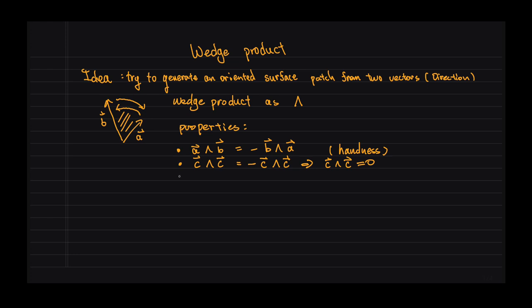In addition, we also want a distributive property of this wedge product. So we have A plus B wedge C plus D equal to A wedge C plus A wedge D plus B wedge C plus B wedge D.